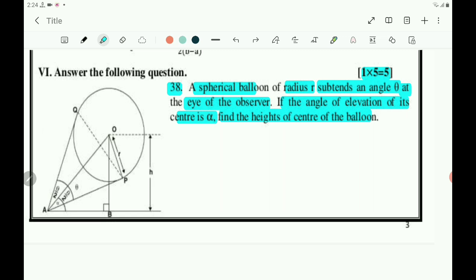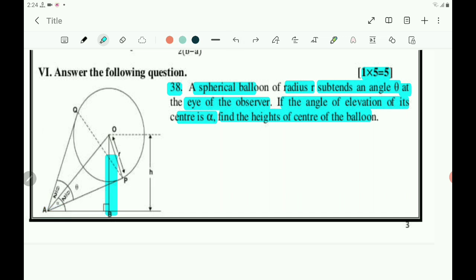Now here you observe there are two right angle triangles. One is the right angle triangle OAP, and the angle OAP is theta by 2. One more right angle triangle is there, that is OBA.